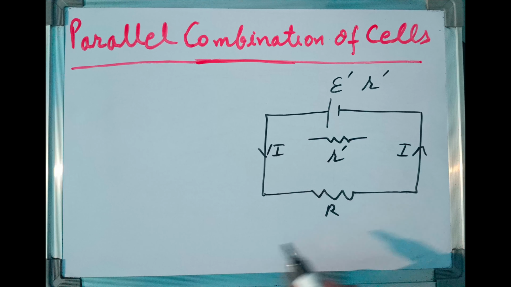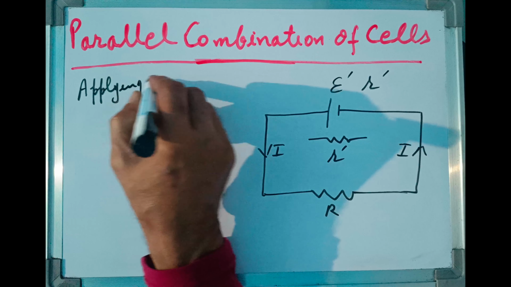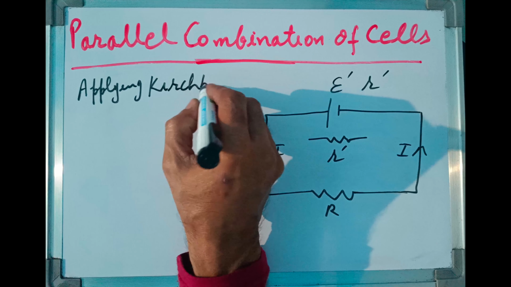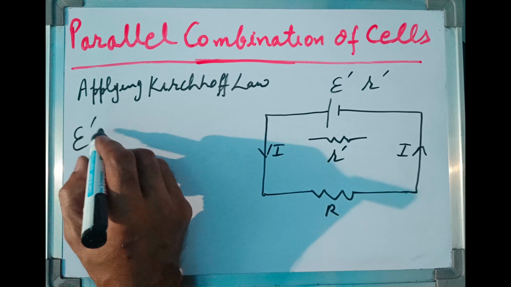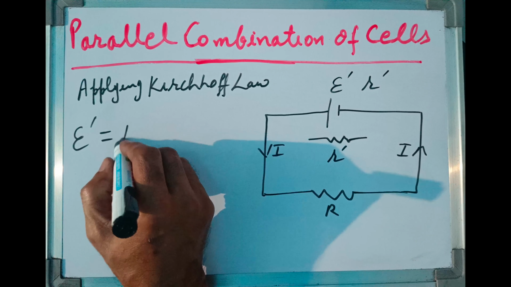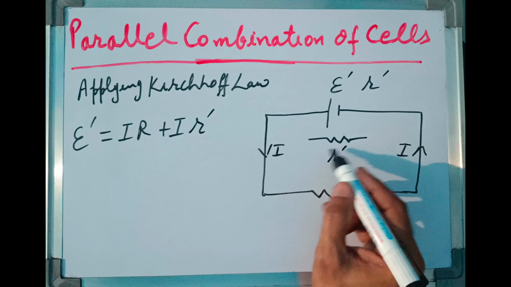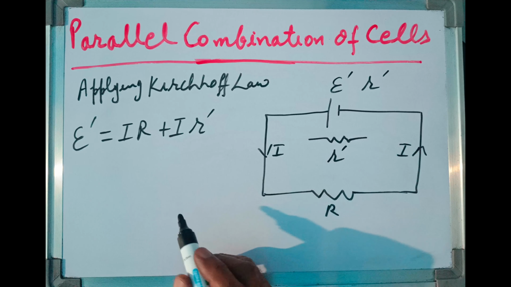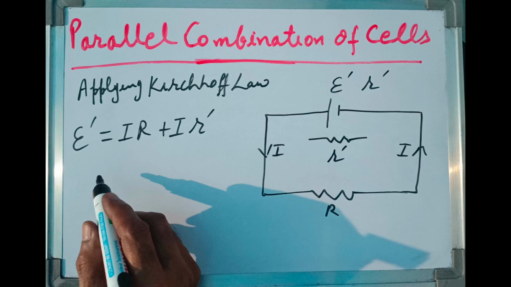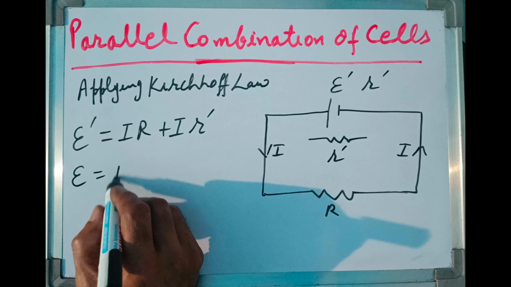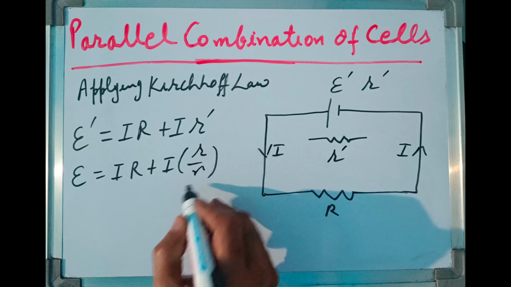Now in this closed circuit, by applying Kirchhoff law, we can write E.M.F of the cell is equal to potential across external resistance plus potential across internal resistance of the equivalent cell. By putting the values of E dash and R dash from previous equations, we can write E is equal to I capital R plus I r upon n.